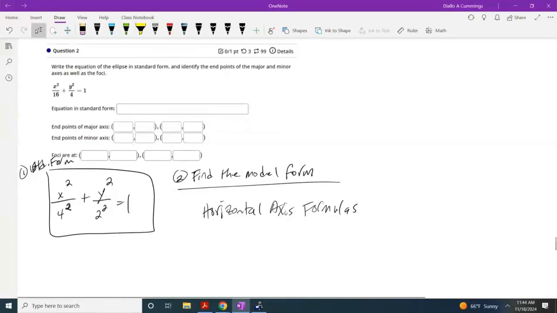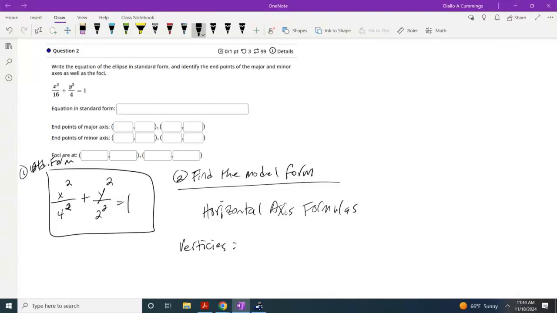So in order to find the vertices, and they don't necessarily call them the vertices. In here, they call them the endpoints of the major axis, which are also known as the vertices.